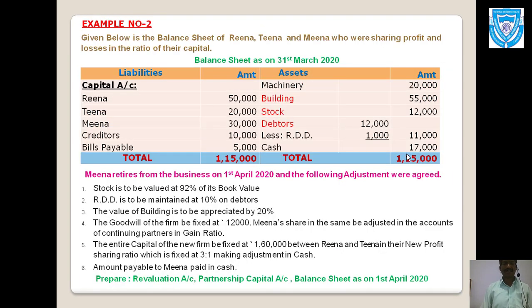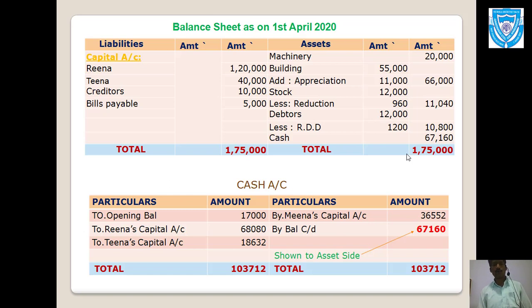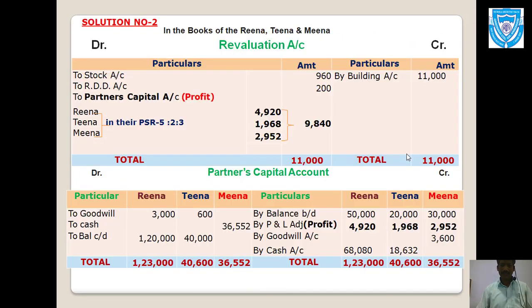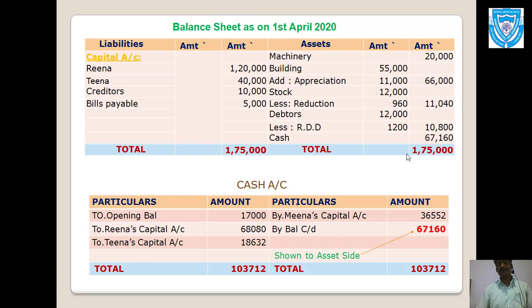Stock rupees 12,000. Again stock to be valued at 92% of book value. So let us take book value in inner column. Stock rupees 12,000 less reduction rupees 960, 11,040 in outer column. Then debtors rupees 12,000, debtors less RDD.